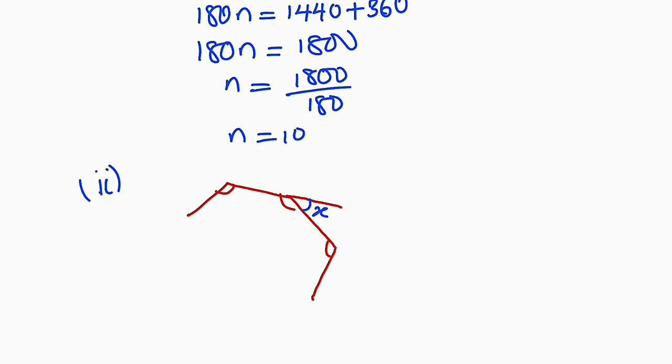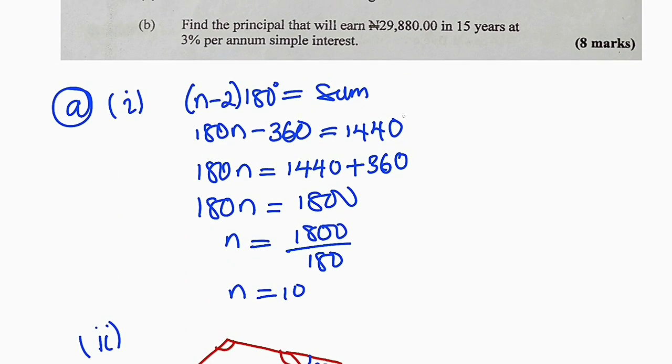So there are two different ways to find this x. You can either find the angle inside, then you subtract it from 180 because this is a straight line. And you know that angle on a straight line equals 180. So let me show you the two different ways to find it. Since we know that this particular polygon has 10 sides and 10 angles, and the sum of all equal to 1440.